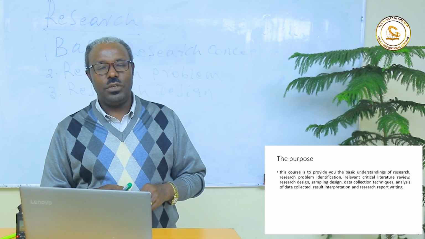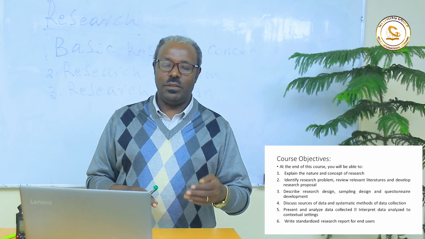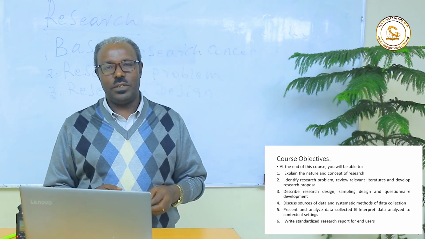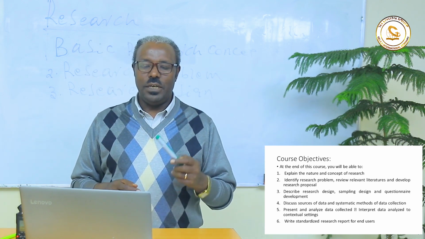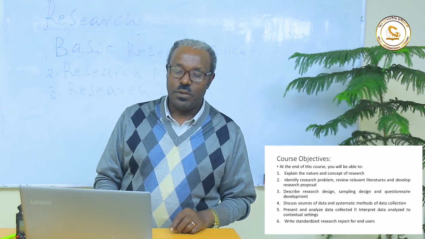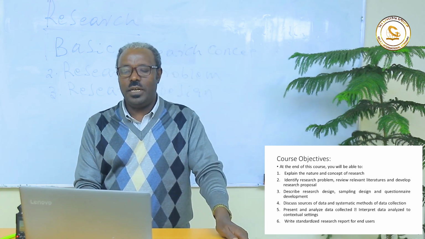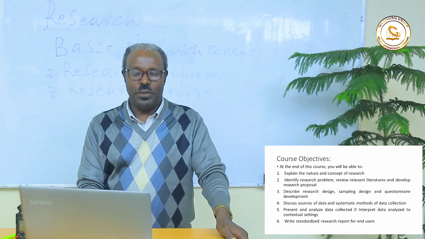There are 6 objectives of the course. The first one is explain the nature and the concept of research. The second objective is identify research problem. The third purpose is describe research design, sampling, and questionnaire development.